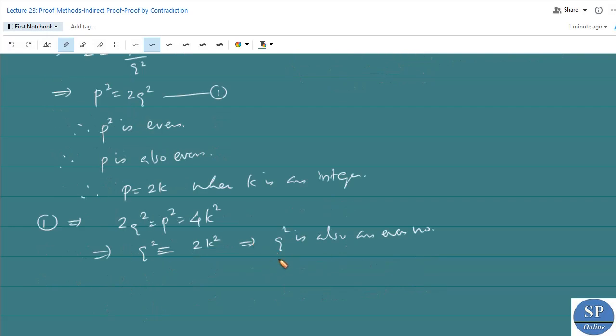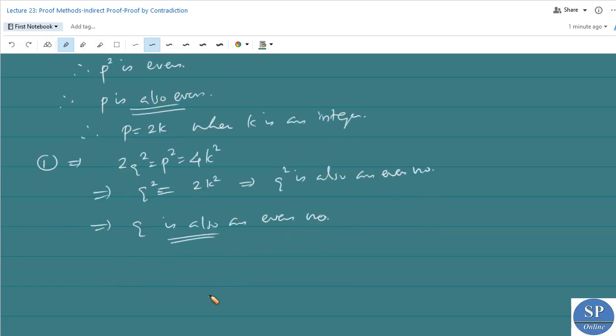Therefore, since q square is an even number, q is also an even number. So we obtain that p is an even number and q is also an even number.